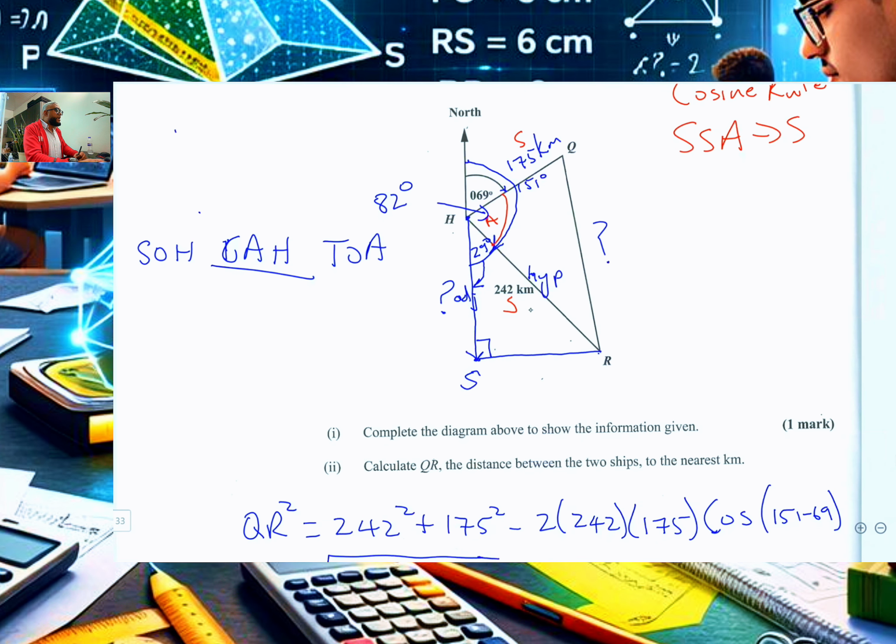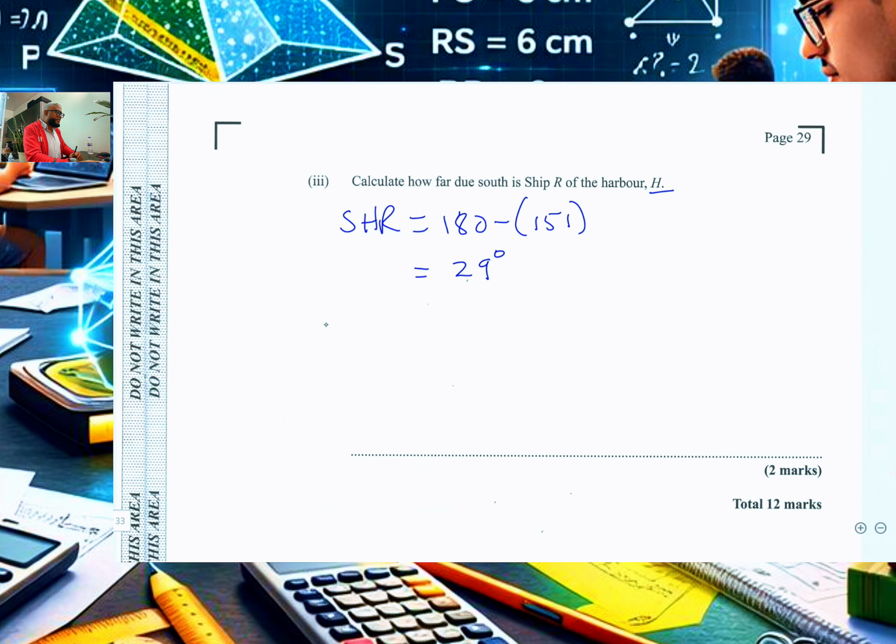Remember, the angle is 29 and the hypotenuse is 242. The adjacent side is the side we're trying to find. So cos of the angle 29 is equal to adjacent, which we are calling HS, all over the hypotenuse, which was 242.